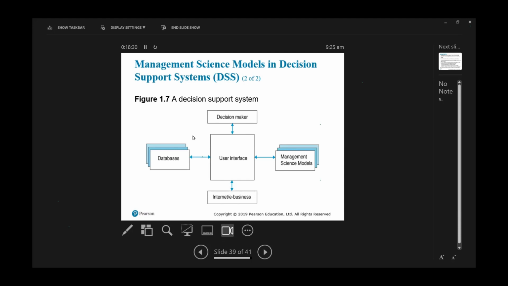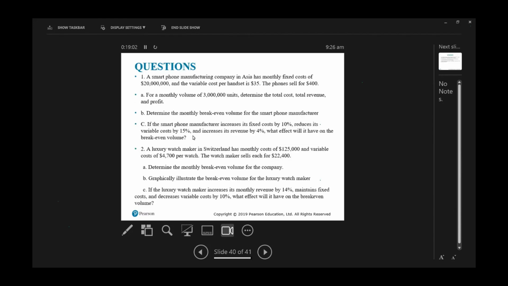But embedded in the interface are management science models, which would be linear programming models, probabilistic techniques, or network models. But the problem is that not many organizations are maximizing the use of the management science models that are embedded in decision support systems. And that's what we have to change through our understanding from this course.